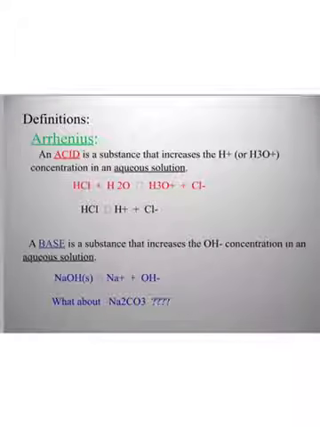So in that first example, we see hydrochloric acid in water. It forms an aqueous solution. The hydrogen dissociates from the HCl, from the Cl, and it gets picked up by a water molecule. That forms the hydronium ion. We can look at it in simpler terms.